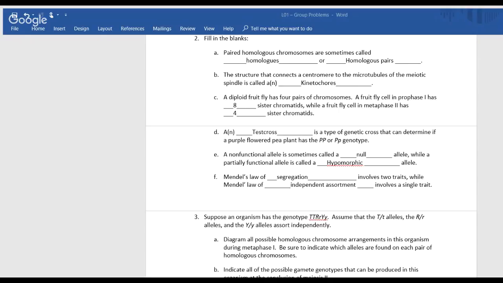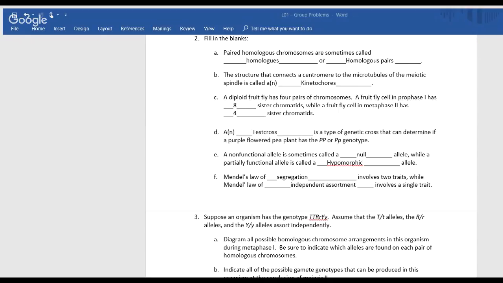Mendel's law of segregation involves 2 traits. Mendel's law of independent assortment involves a single trait. So the law of segregation is talking about the original homologous chromosomes in meiosis 1. Where one trait would meet and it would replicate.